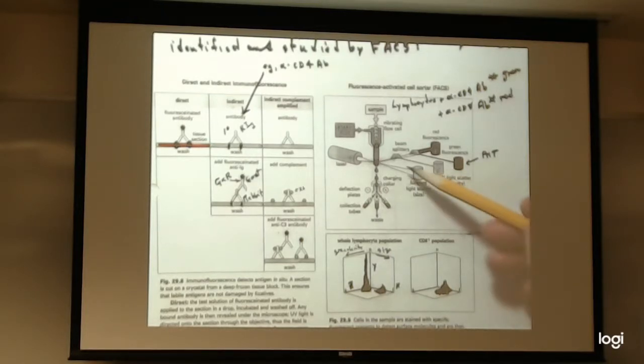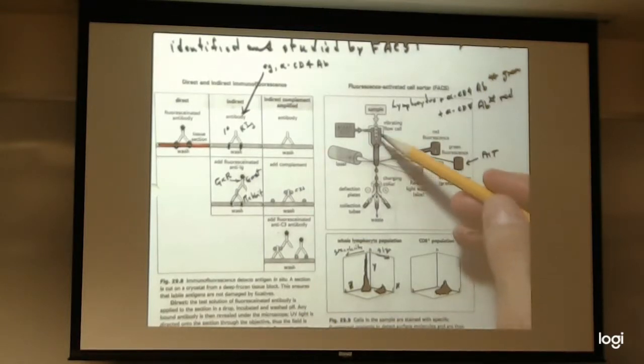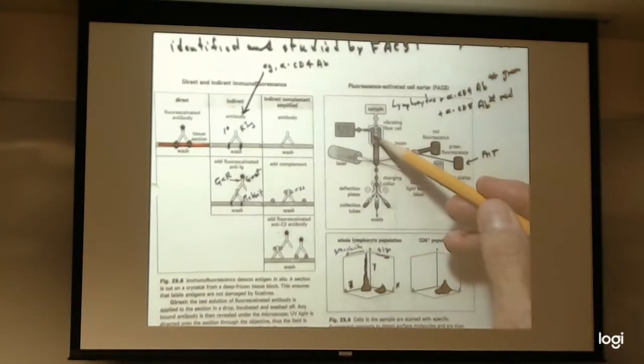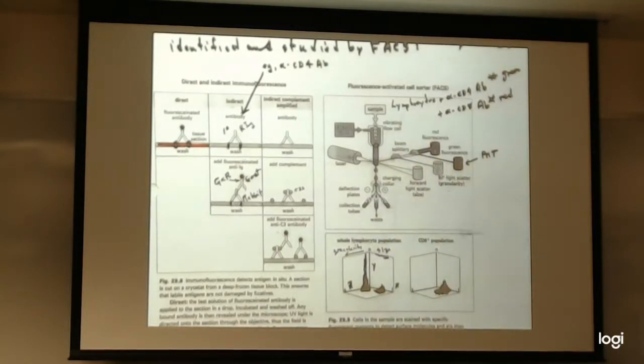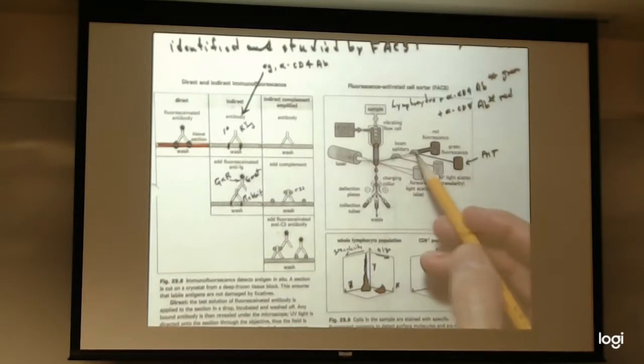And then this light proceeds on here, and if the cells had been tagged with red or green fluorescent antibodies, maybe we had an antibody that sees the CD4 protein, and we attached a colored fluorescent tag onto that anti-CD4 antibody, maybe a red tag. Antibodies that recognize the CD8 protein would have maybe a green fluorescent tag on them. Now we hit another half-silvered mirror beam splitter.